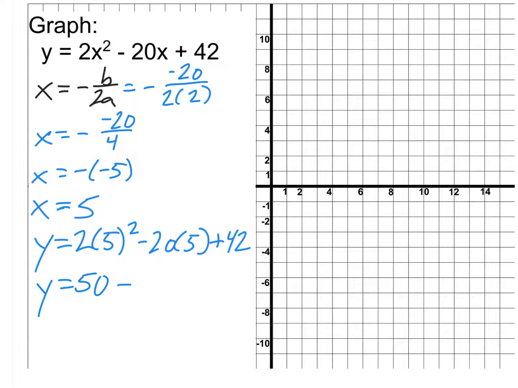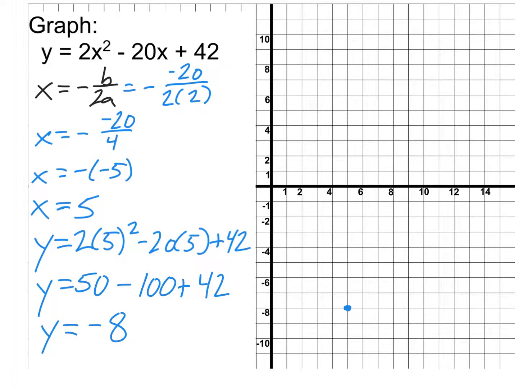Minus 20 times 5, which is 100, plus 42. Now we go ahead and do the addition and subtraction from left to right. 50 minus 100 is a negative 50. Then negative 50 plus 42 is negative 8. So now we have our vertex. Our vertex is here at 5, negative 8.